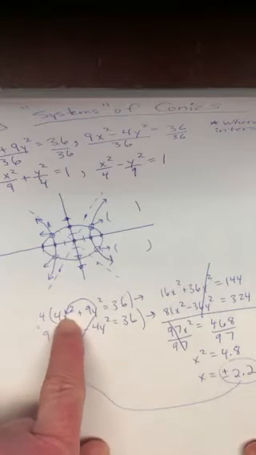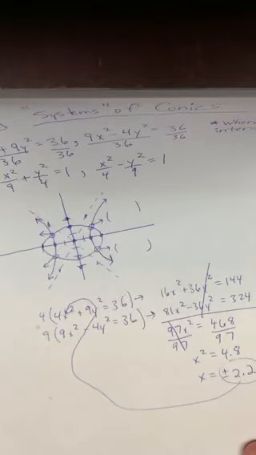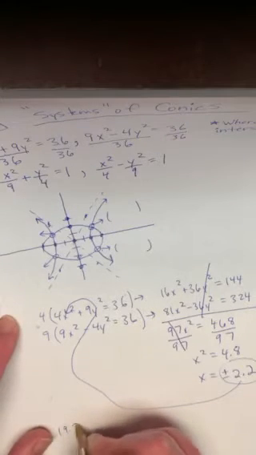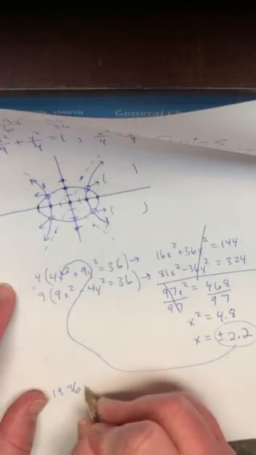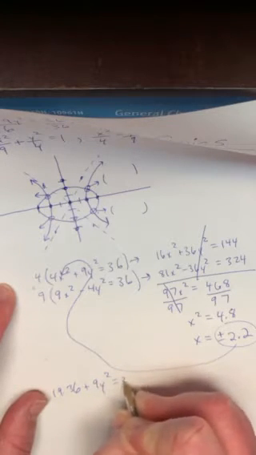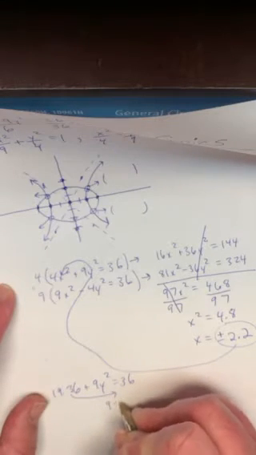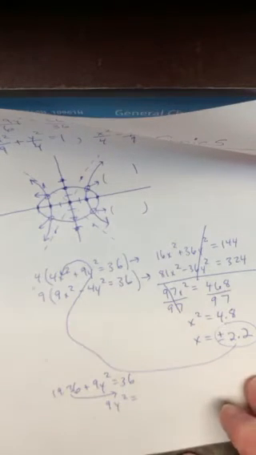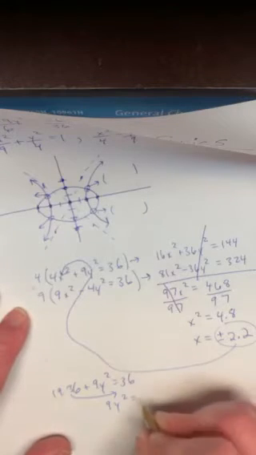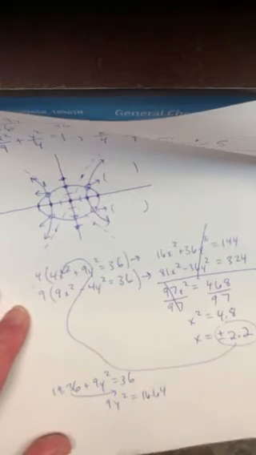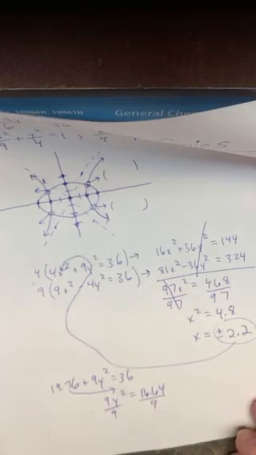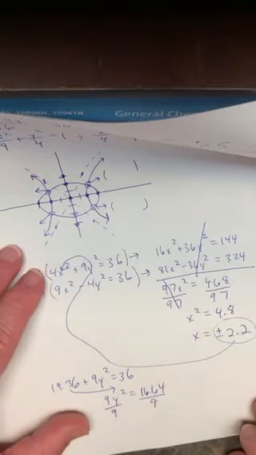I'm squaring my 2.2 and timesing that by 4 and getting 19.36 plus 9y squared equals 36. Minus that over. So 9y squared equals 36 minus 19.36, giving me 16.64. Divide by 9.